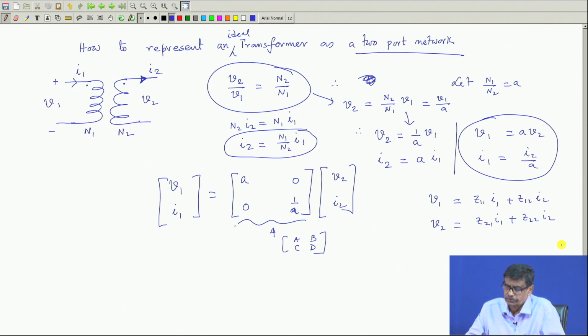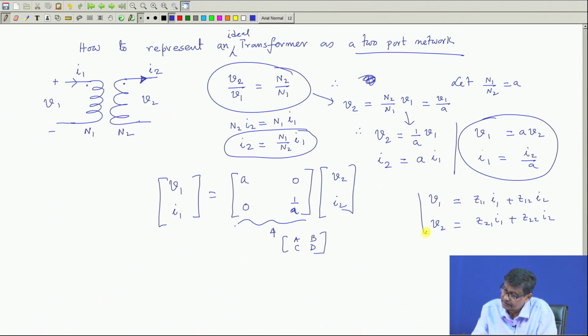I will ask you to see carefully, if the ABCD parameters are known, how they are related to Z parameters, and whether it is possible to obtain the impedance parameters or admittance parameters. Similarly, admittance parameters, is it possible?